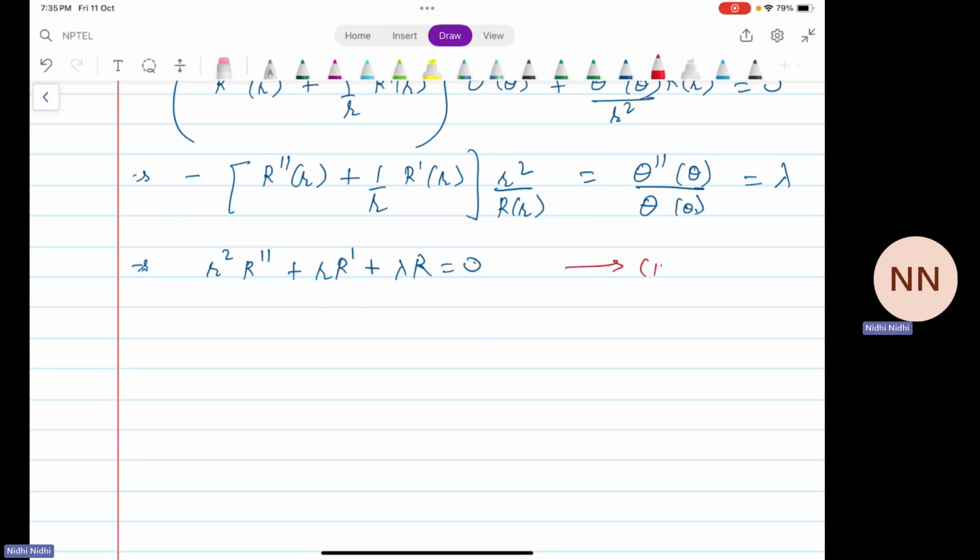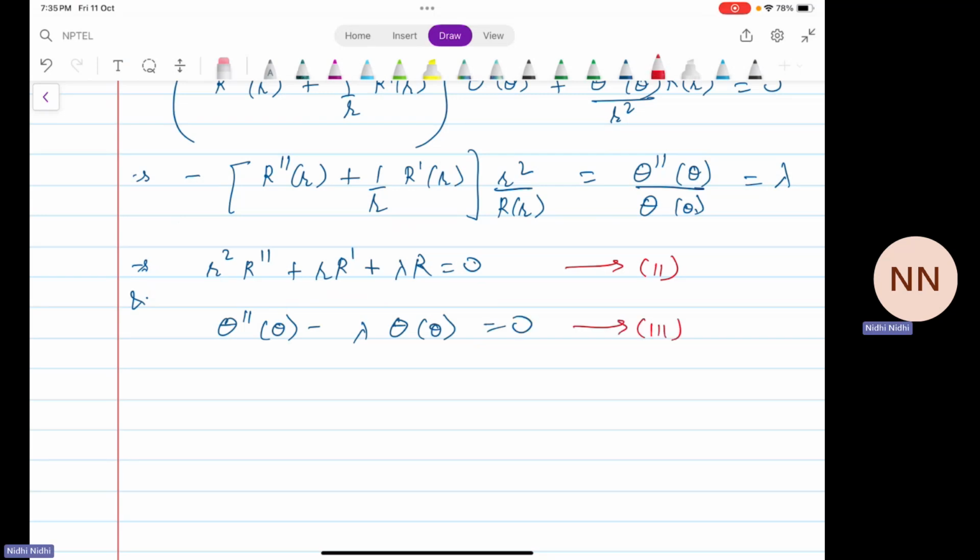I will mark this as second, and we have theta double dash minus lambda theta equal to 0.